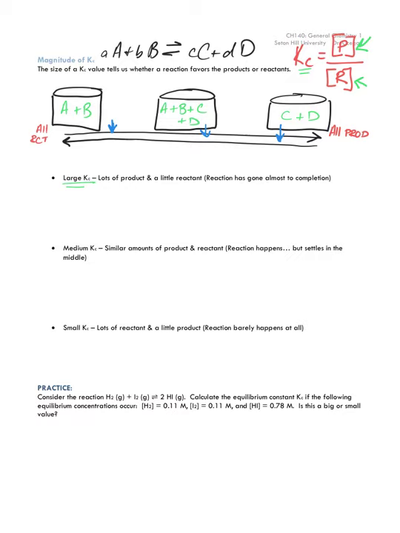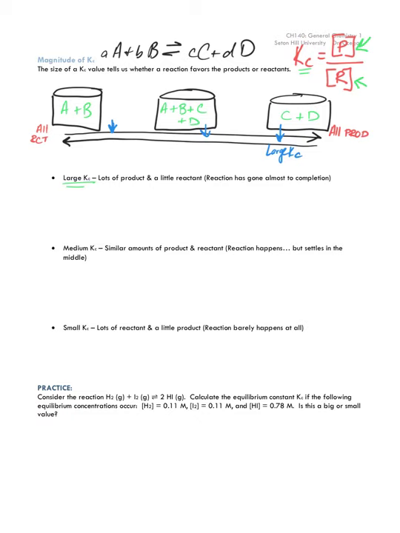We have a lot of product and a little reactant. That's telling us that our reaction has gone almost to completion. We are here. So this is what a large Kc value would tell us.